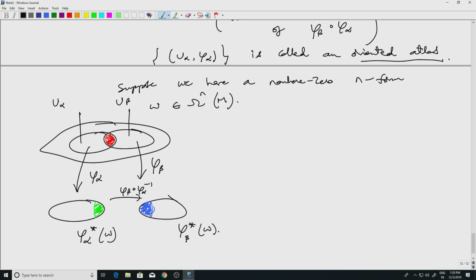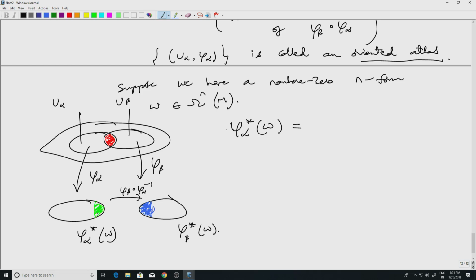Now, these are n-forms on open subsets of Rn, possibly different open subsets, the green part and the blue part. At any rate, they are open subsets of Rn and these are n-forms. So I can write phi alpha star omega at every point in the green portion.